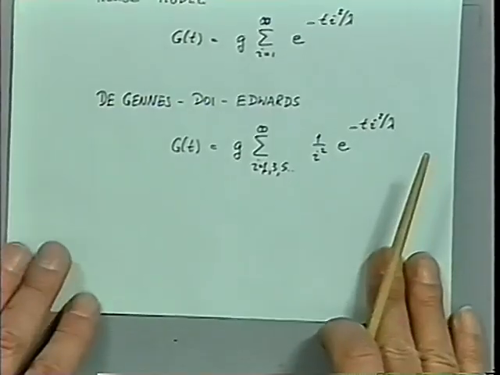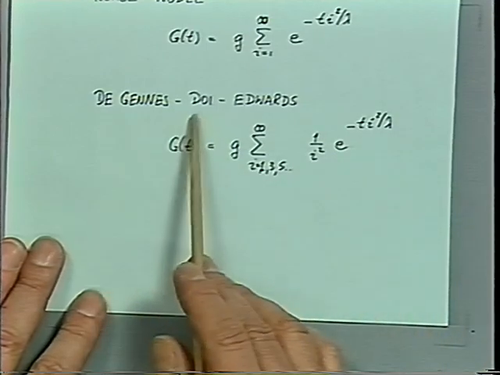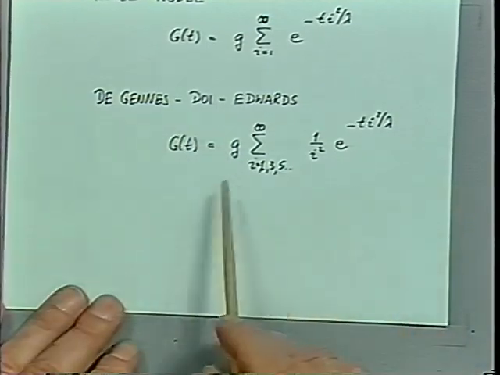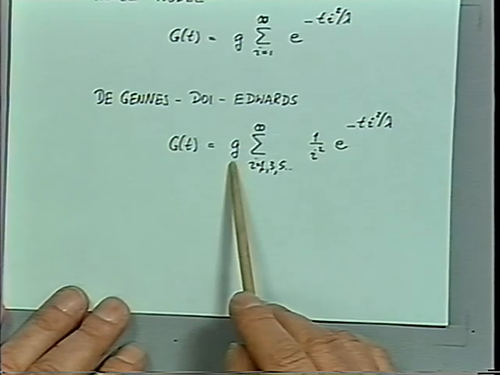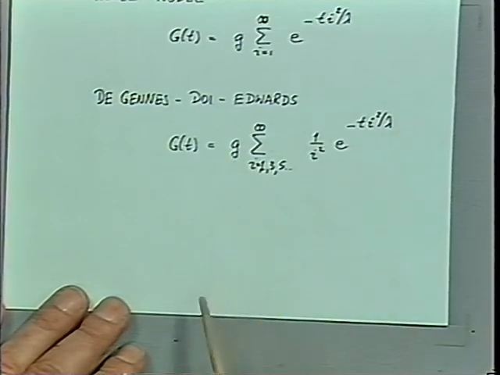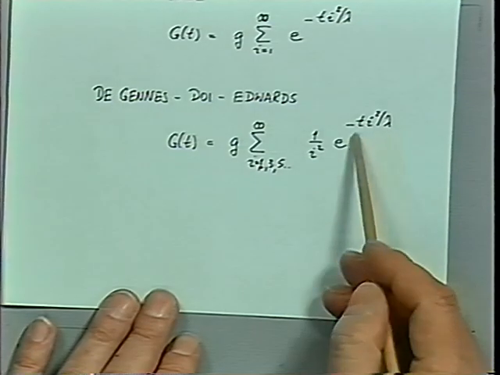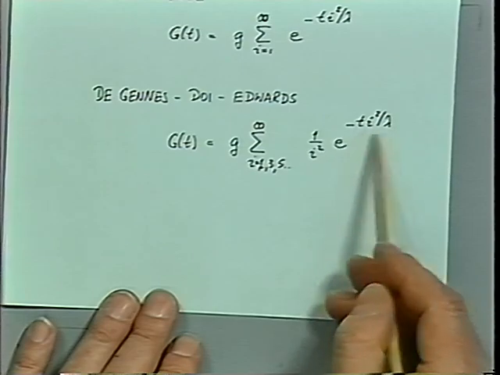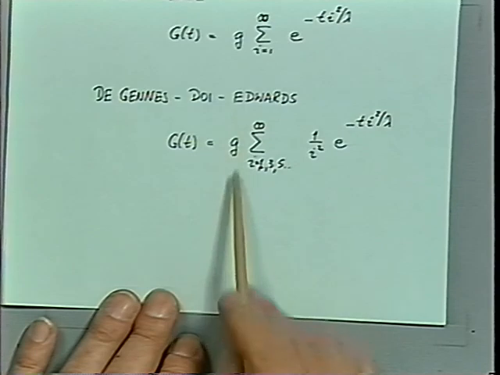The same approach we will apply to the spectrum of Doi and Edwards, where again two parameters are used, the front factor and the longest relaxation time. Again, those come out of molecular arguments, but I'm not specifying this at the moment. I'm just looking for the shape of the material. If we change lambda, we shift our curve sideways, and if we change G, we shift our curve up and down.